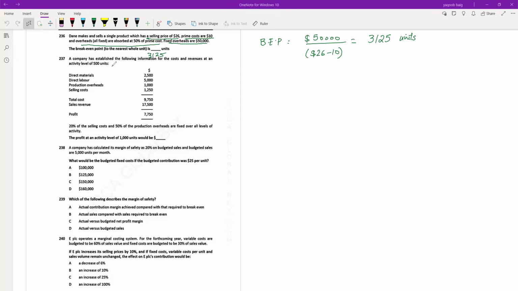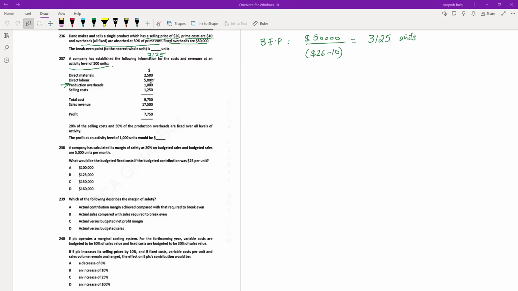A company has established the following information and for the cost and revenues at an activity level of 500 units. Direct material 2500, direct labor 5000, production overheads 1000. Remember, here we have production overheads. There is no word of variable production overheads, neither the use of fixed production overheads.